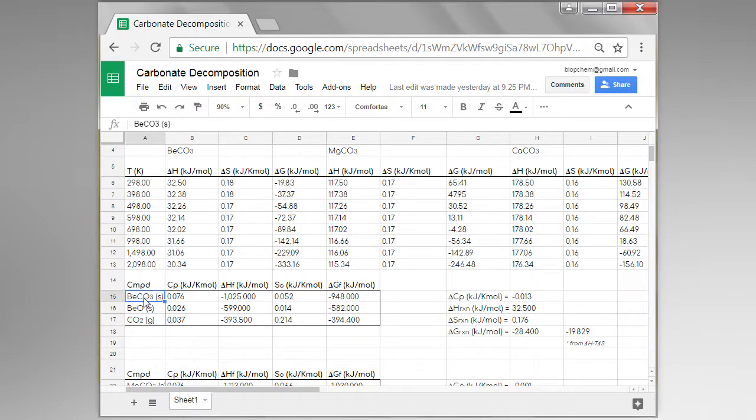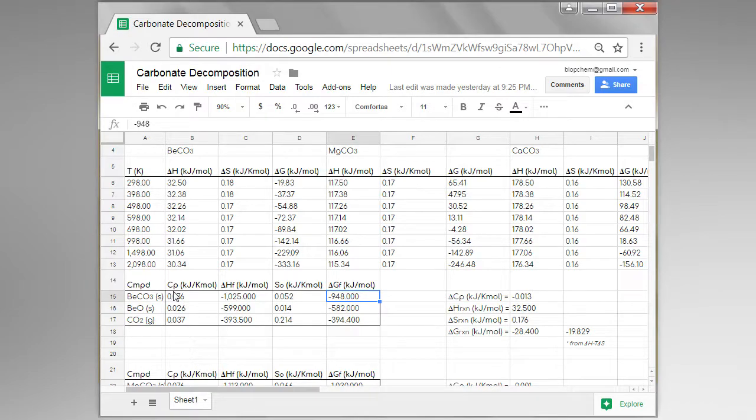And so we can look up, for the carbonate, the oxide, and of course CO2, heat capacities, formation enthalpies, and entropies of formation, and therefore we can calculate the Gibbs free energy of formation of all of these.